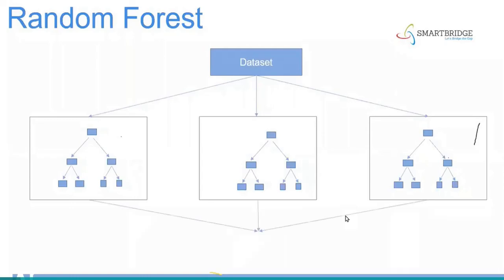Based on the data sets, the mean value is considered as the output. So in the decision tree, the whole data set is given once, but in the random forest, that data set is divided into different splits. Then for each split data set, a decision tree is applied. So the mean of the answers for all those three is considered for the answer.